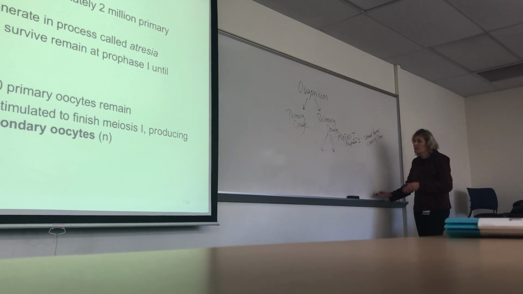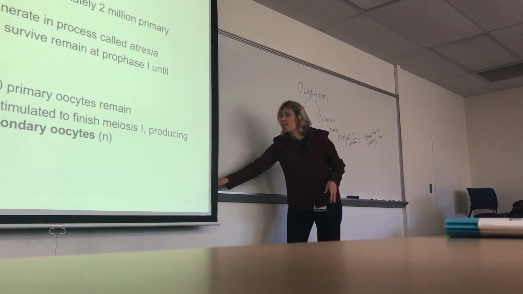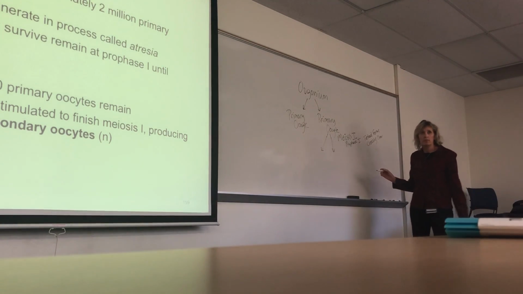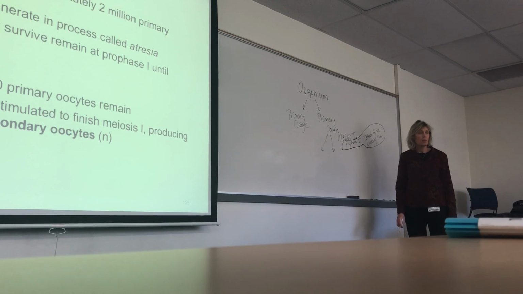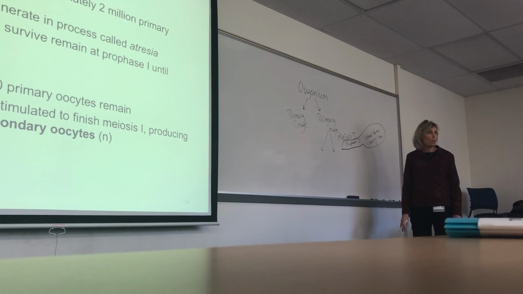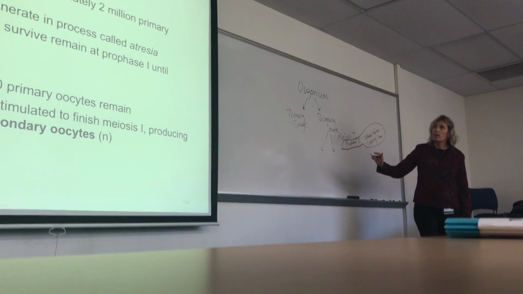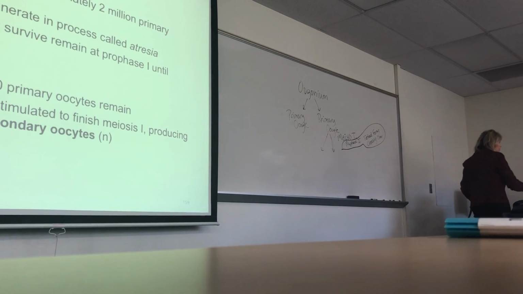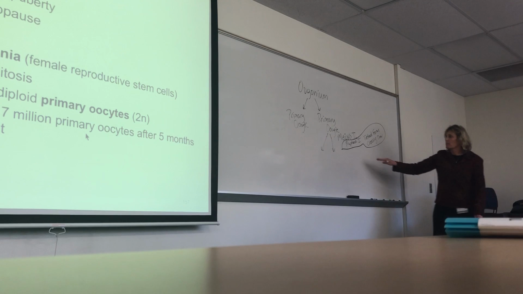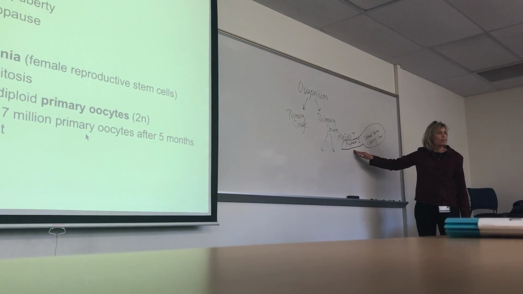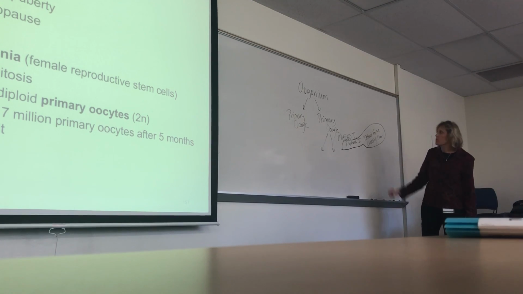So we have all of that, and then it stops, right here in prophase 1. And that's what she's born with. She's born with those 7 million primary oocytes that are locked into prophase 1. That's what she's born with, 7 million of those.